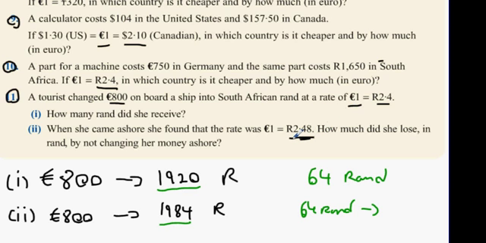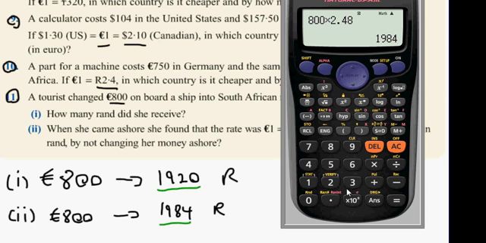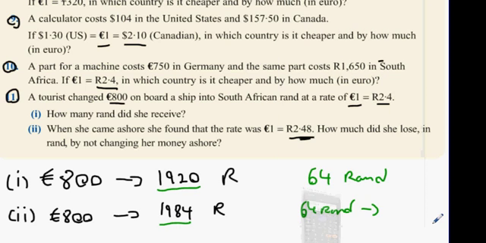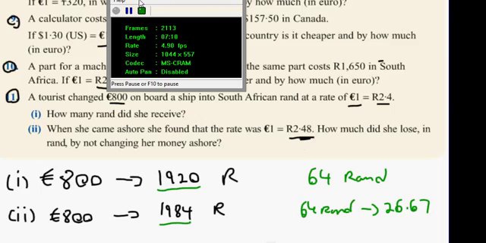I did 64 divided by 2.4. If you divide by 2.4, you might not get the old rate. I think 64 rand would be perfect, but what do you say, €26.26? Okay, so we lost roughly €26.67.